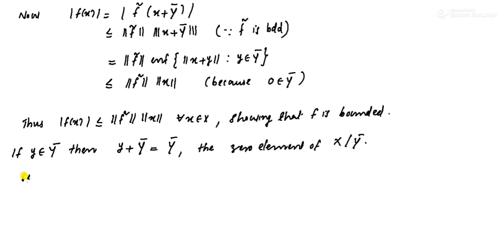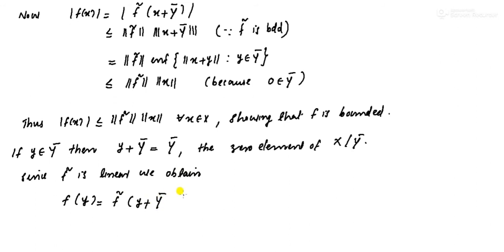Now since f tilde is linear, we obtain f of y equal to f tilde of y plus Y closure, but this y plus Y closure is a 0 element of X over Y closure.